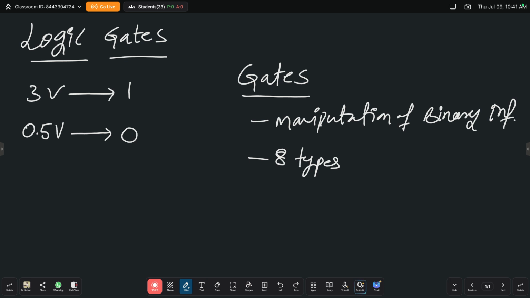These four things you should remember for every gate. Actually, it is very easy. Already you have done many things in your first year, even the electronics subject. Only the representation and understanding is required. If you know the gates and the representations, it is very easy to understand this subject. Okay?